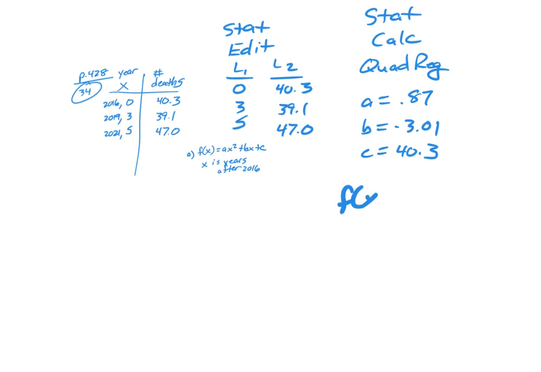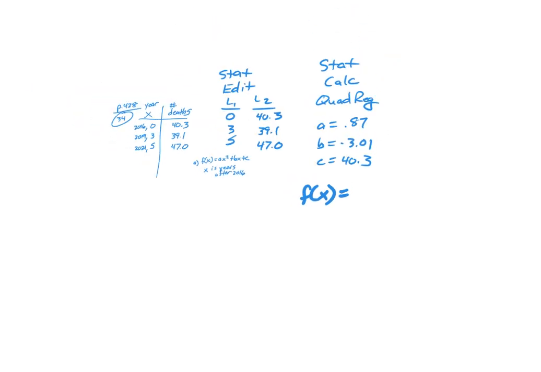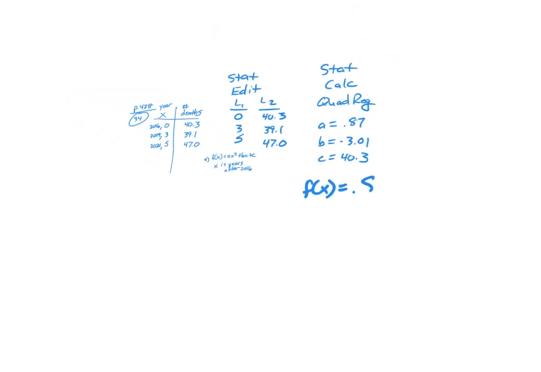So my equation then would look like this: 0.87 x squared minus 3.01 x plus 40.3. And that's my equation. Okay. It does have a second part to it where it says, find out how many deaths would occur in 2018 and 2022.